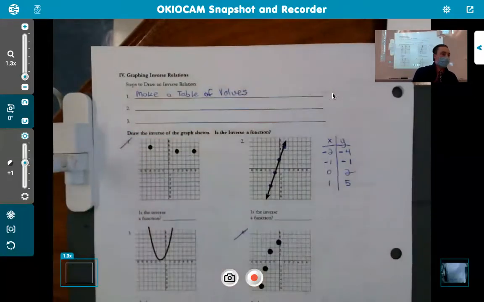Like I said, use about 4 or 5 points on that original graph to help you out, and just write a table of values to start with the original graph that we see. Any questions so far?